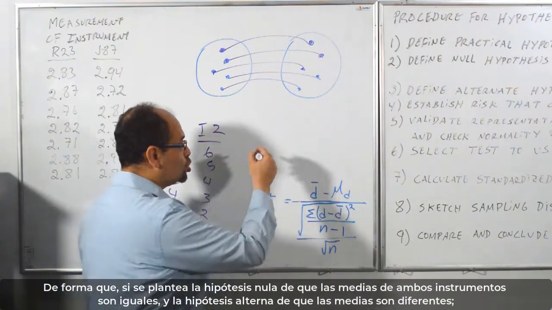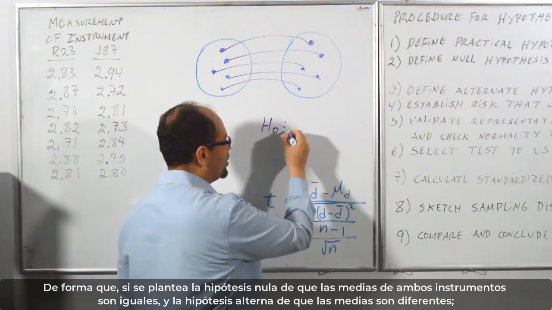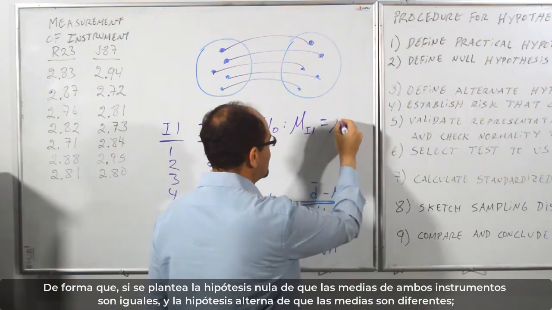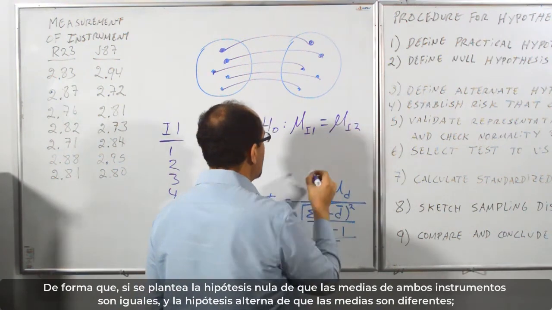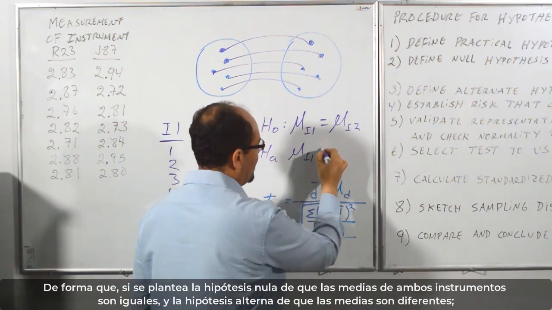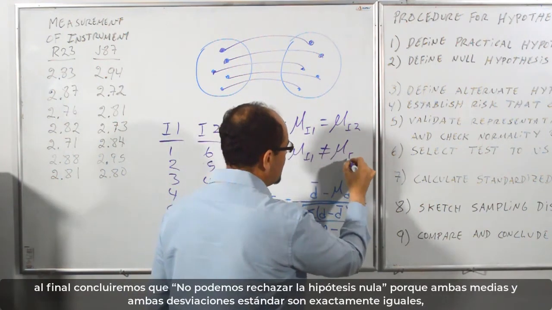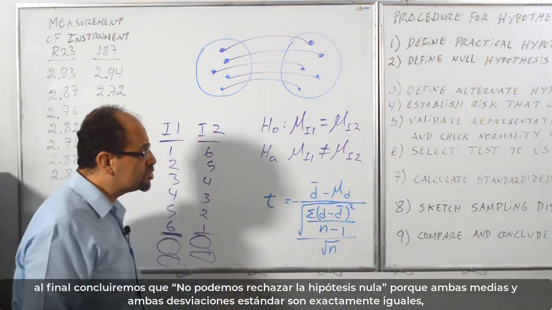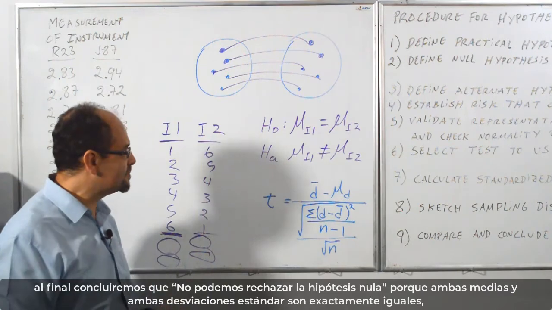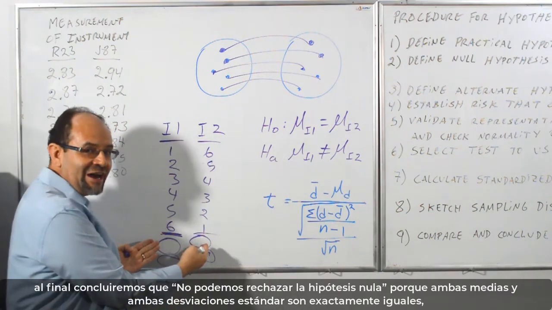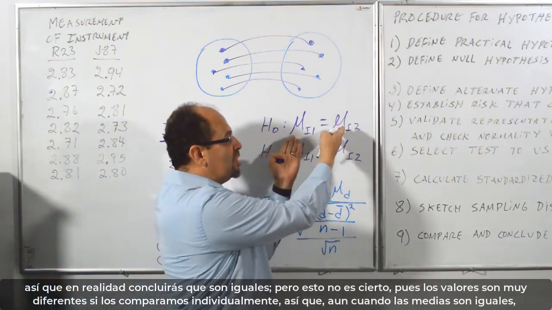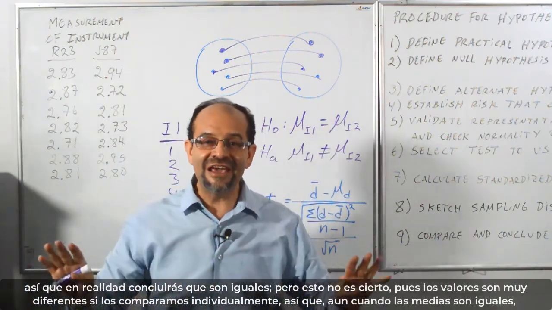So your null hypothesis will be that the measurement for instrument 1 is the same as the measurement for instrument 2, and your alternate hypothesis can be that they are different from each other. But your conclusion is going to be that you will fail to reject the null hypothesis, because both means are exactly the same and both standard deviations are exactly the same, so certainly your conclusion will be they are the same.